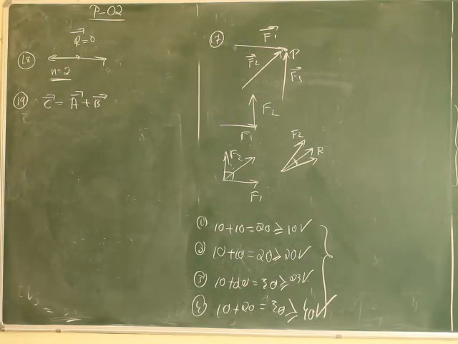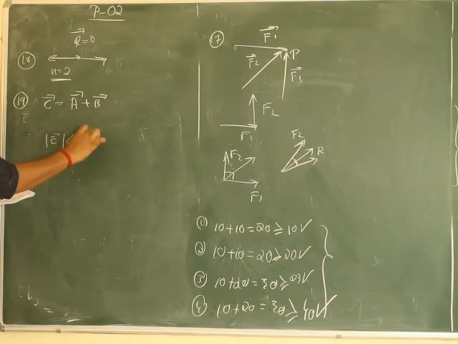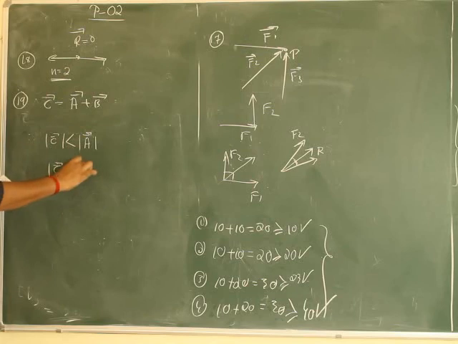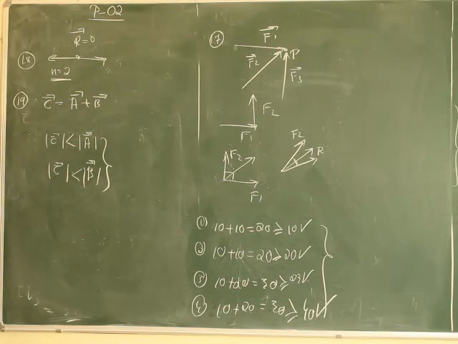The magnitude of C is always greater than the magnitude of A. It's just magnitude, not the directions. Yes, of course, we can accept that. What about C? It is possible to have the magnitude of C less than the magnitude of A. Yes, it is possible if you change the directions. Also possible is less than the magnitude of B. So these two are okay.